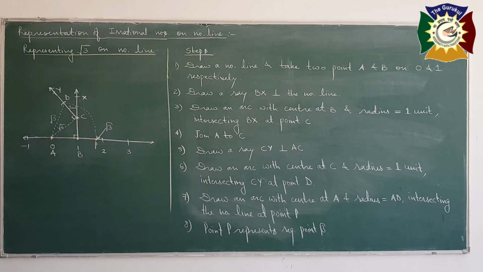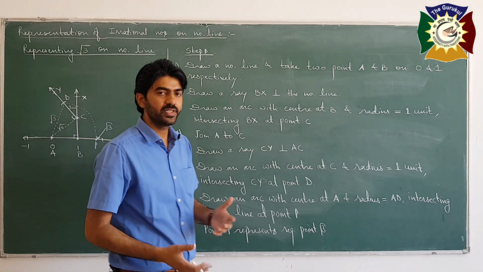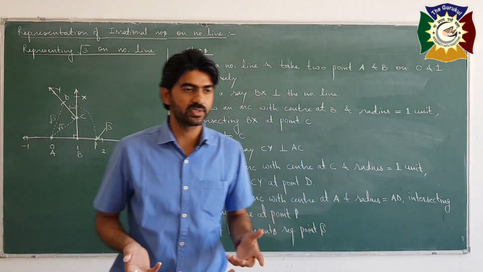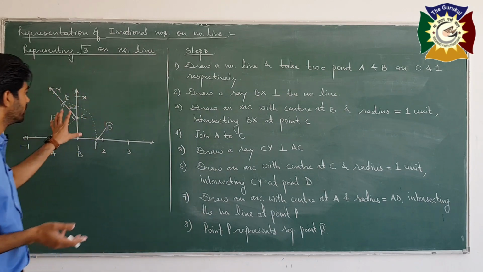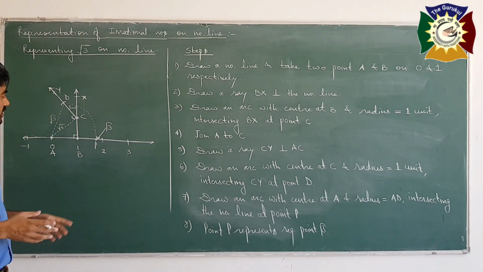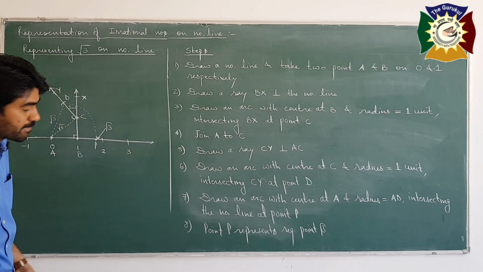This is the representation of root 3. This way we can represent the square roots of all integers, all irrational numbers, on the number line.